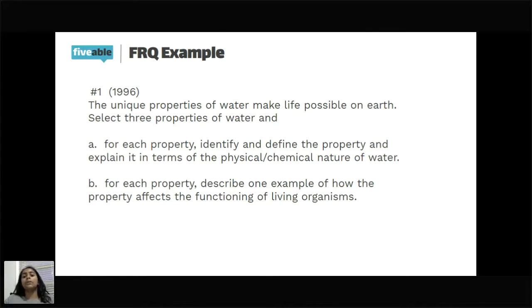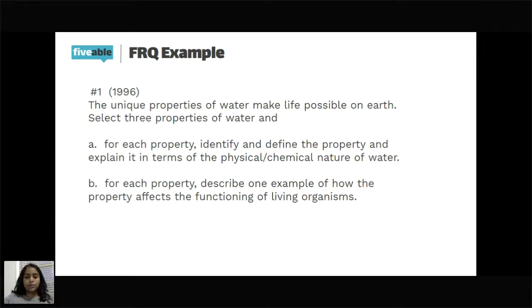You would have an entire frozen lake, which would kill off basically any living organisms in that lake. What happens when ice is less dense than water is that the top layer freezes over, but it floats on top of the water. So underneath, all the living organisms can still survive fine.